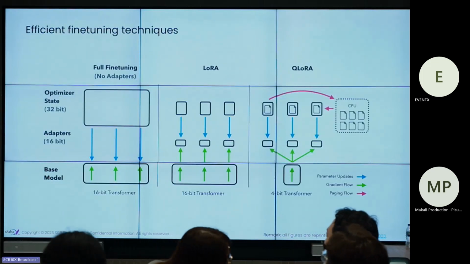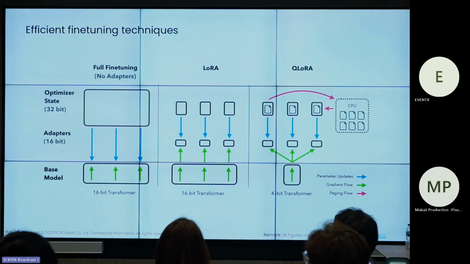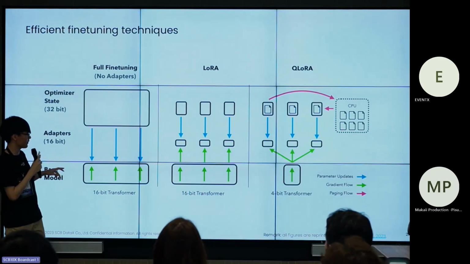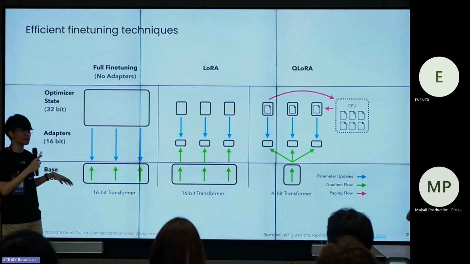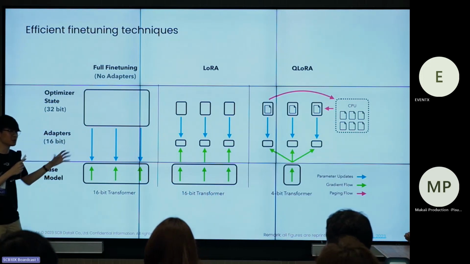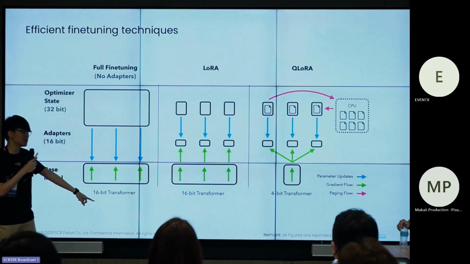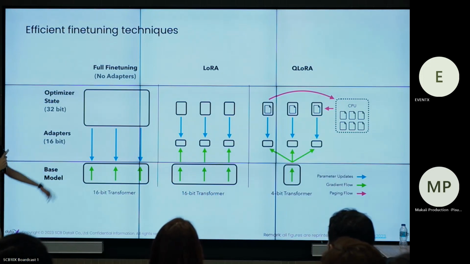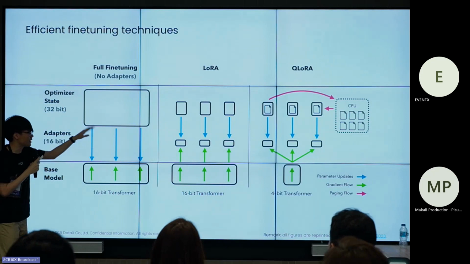All right, to summarize everything here: if we fine tune the model without any adapter technique like LoRA or QLoRA, you can think of the total area of the box here as the memory you require in the GPU to fine tune the model. You have the base transformer model stored in 16-bit, and you have to reserve some memory for the optimizer state as well, and then you update the model.